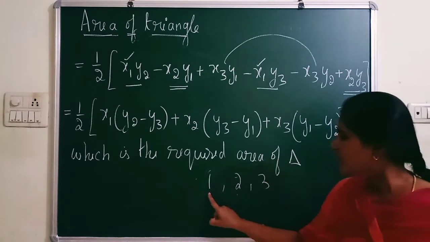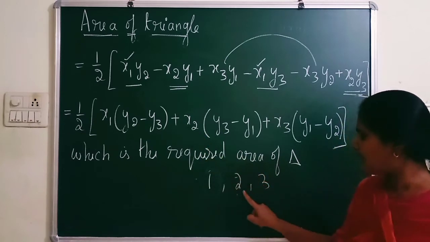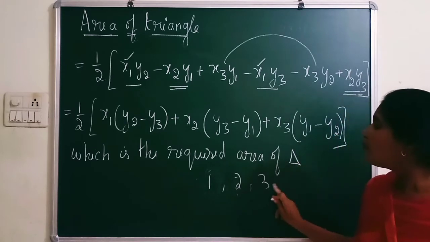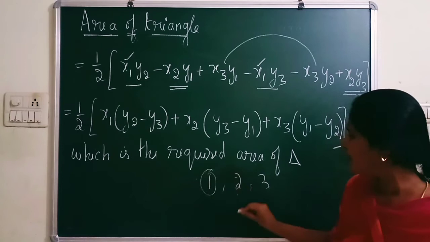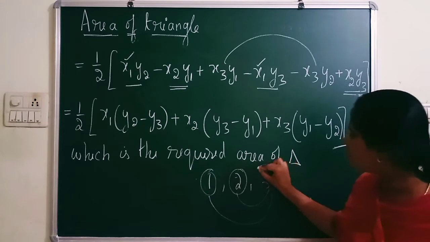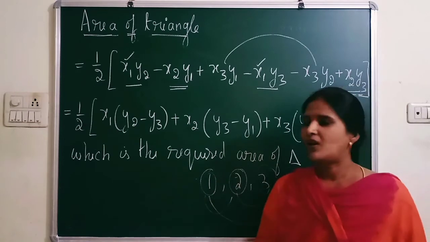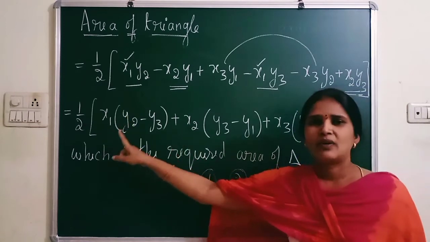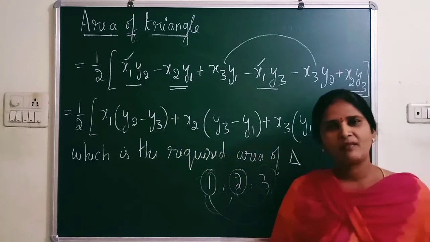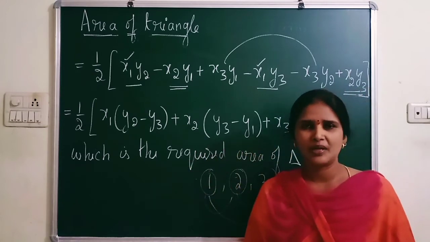So x1 into y2 minus y3 plus x2 into, after 2 what do you have? 3. y3 minus y1. Next x3 into y1 minus y2. So if you have 1, you go with 2 minus 3. If you have 2, you go with 3 minus 1. If you have 3 outside, you go with 1 minus 2. In this way, you can remember this formula with this trick. Half into x1 into y2 minus y3 plus x2 into y3 minus y1 plus x3 into y1 minus y2 is the required area of triangle in Cartesian plane.